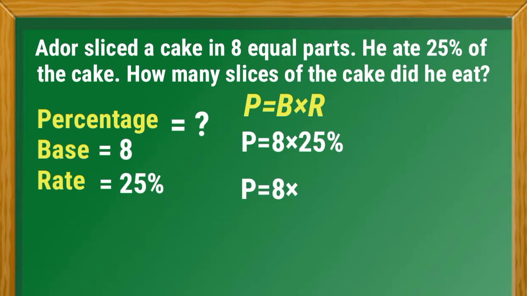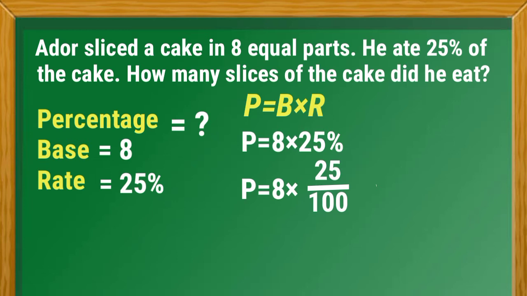So 8 times 25% will become 8 times 25 over 100. Remember that percent here means per hundred or over 100. So this will be 25 over 100. So 8 times 25 over 100.